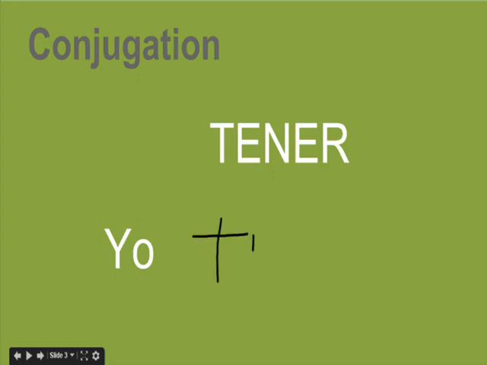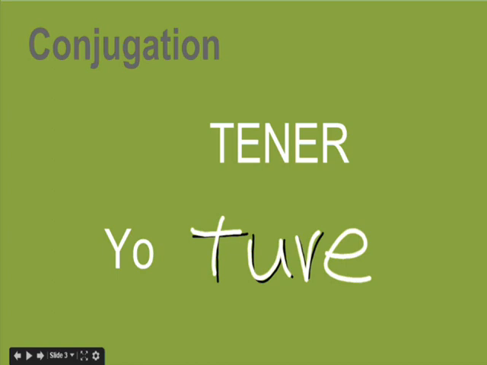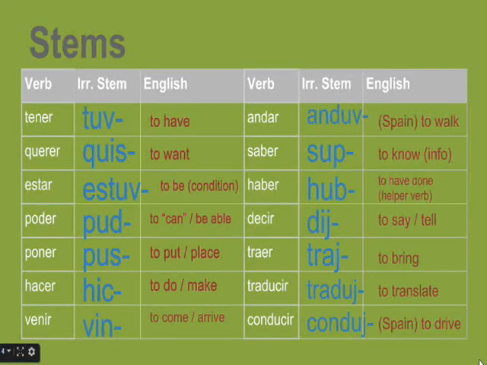All right, and the irregular stem for the verb tener is tuv, which still starts with a T, but it is quite different. And then for the yo form, we add on the yo ending, which is e. Alright, so let's take a look at what those irregular stems are. So for the verb tener, the irregular stem is tuv, right?